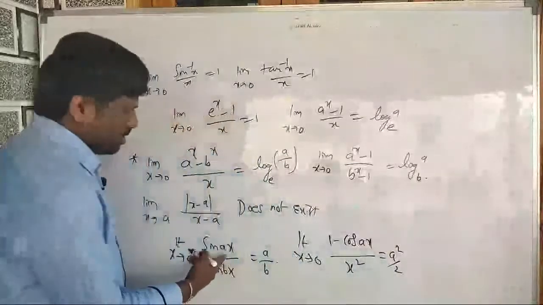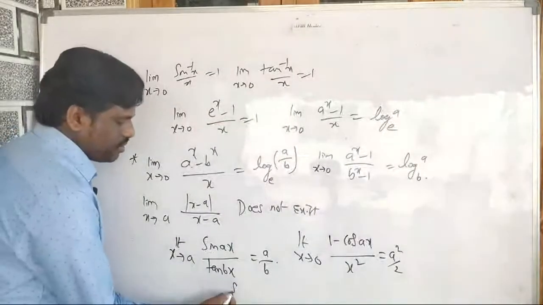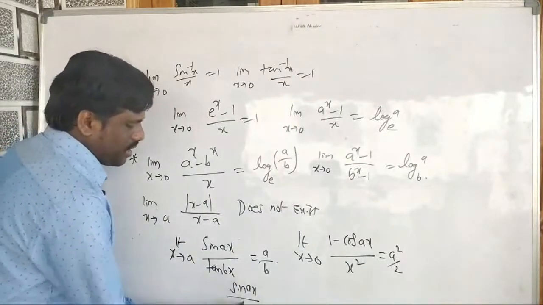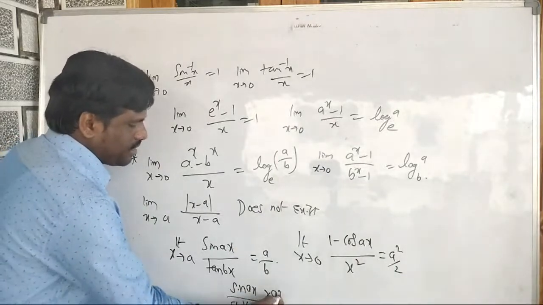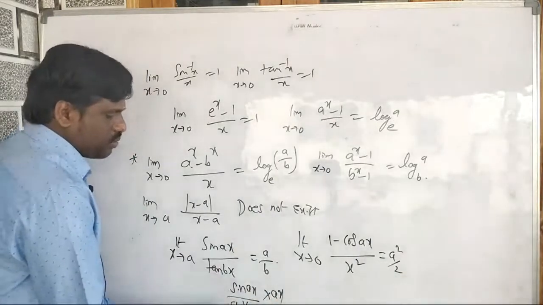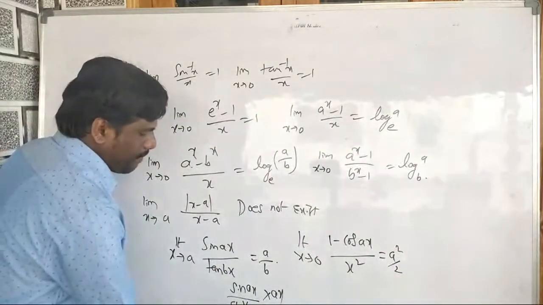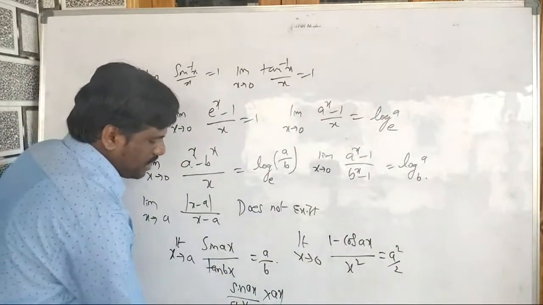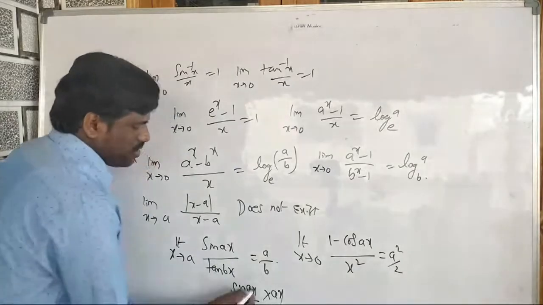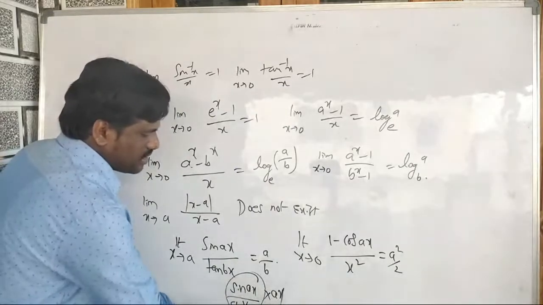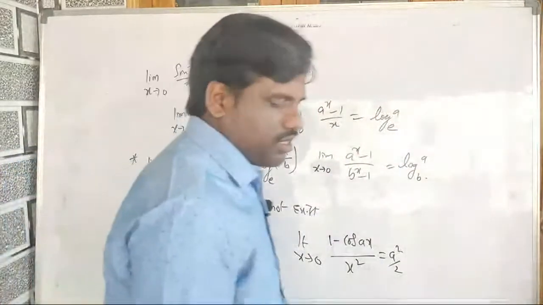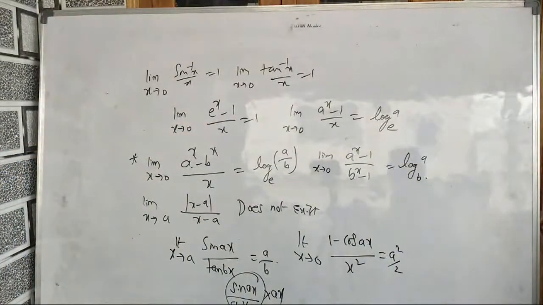See here, this one you divide by x and multiply by x, ax multiplied by ax. Right, you need to do it like that. And then you divide tan bx by bx multiplied by bx. So this is 1, this is 1, x cancels, a by b you are going to get.